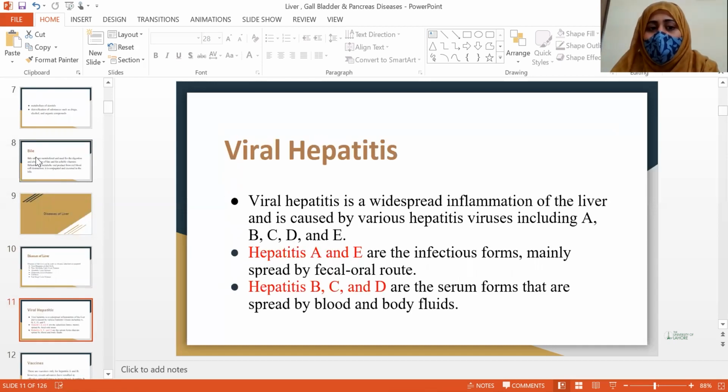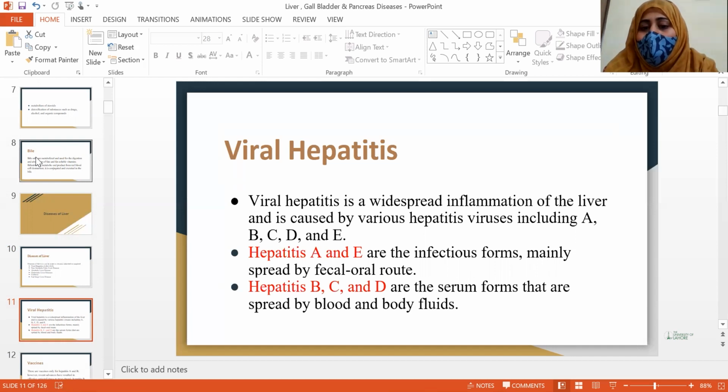First of all, we will discuss viral hepatitis. Viral hepatitis is a widespread inflammation of the liver, caused by various hepatitis viruses, including A, B, C, D, and E. Hepatitis A and hepatitis E are the infectious forms mainly spread by the fecal-oral route.